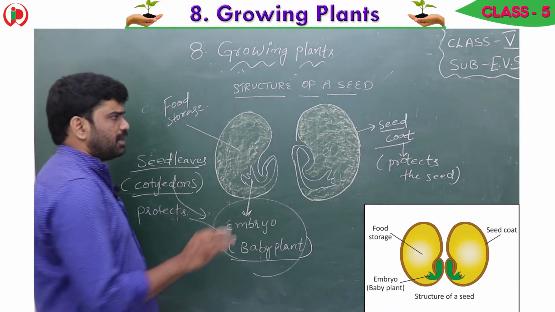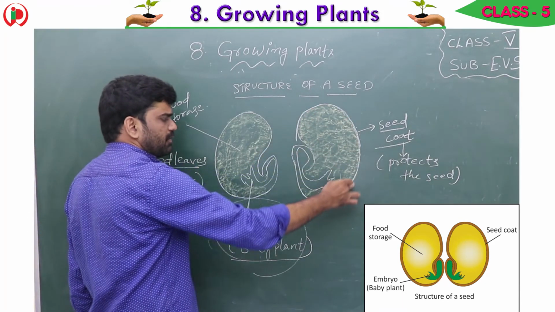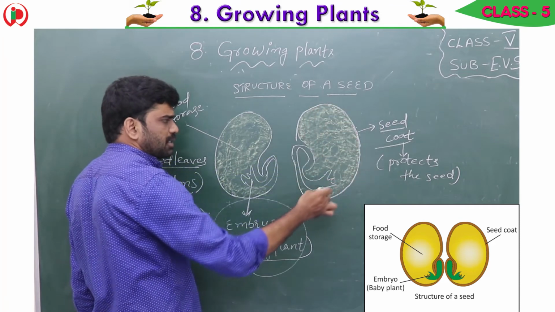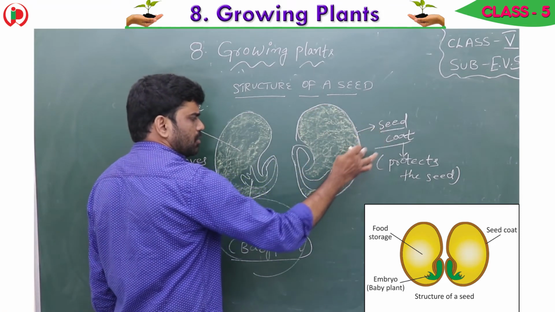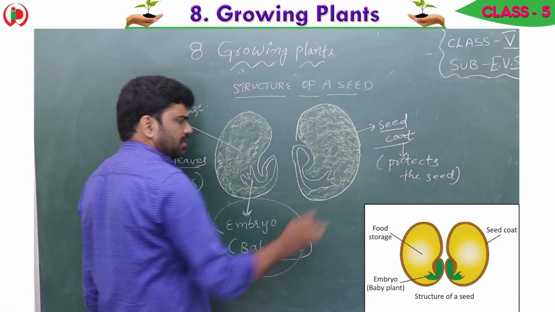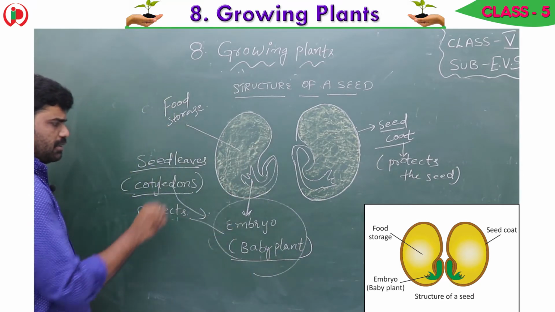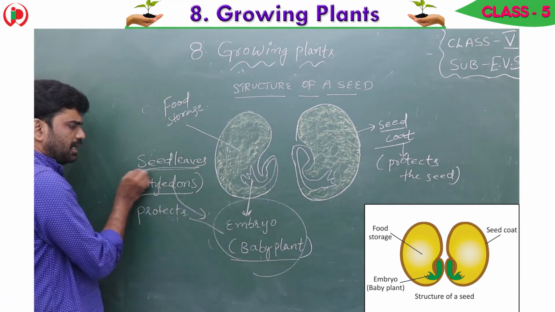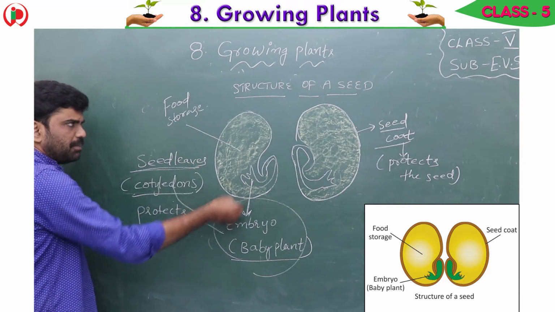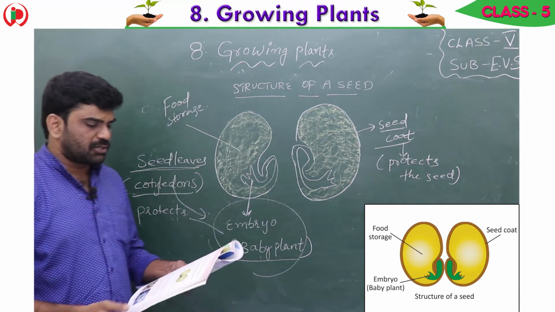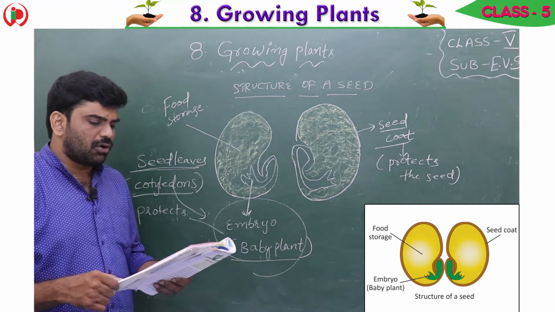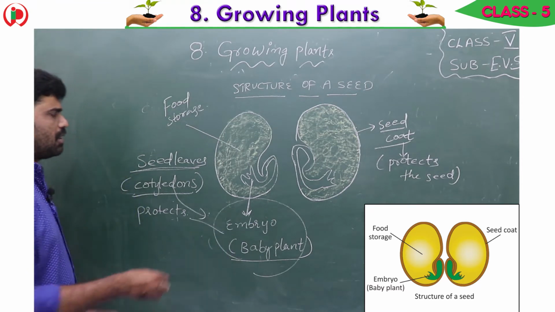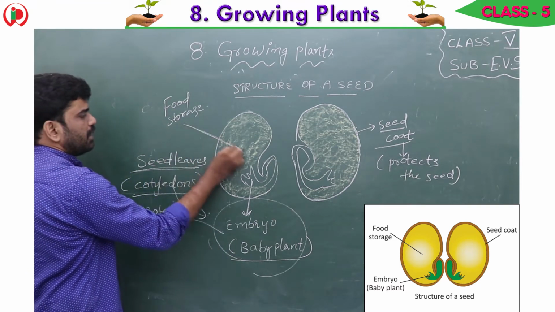Once again I repeat. See, the outer covering of the seed is called seed coat. It is very hard and protects the seed. Second one, the seeds contain the seed leaves or cotyledons, which protect the baby plant. And next one, they also store food for the baby plant. What will these cotyledons do? They store the food.